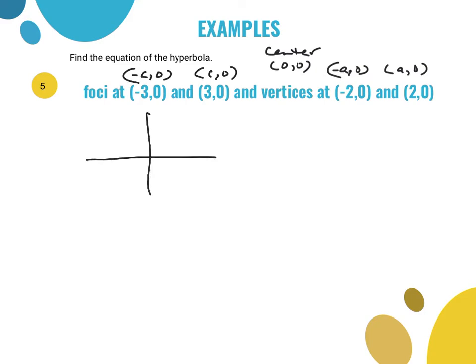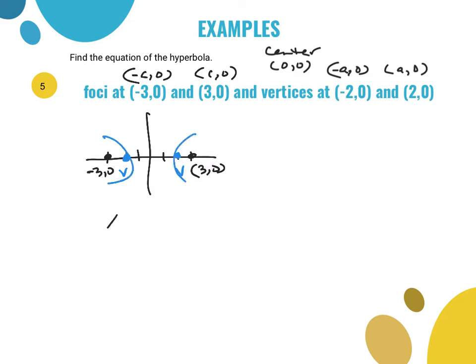So I have a focus here at negative 3, 0, and 1, 2, 3, positive 3, 0. And then I have vertices at negative 2, 0, and positive 2, 0. So you can see that your hyperbola is going to transverse the x-axis.